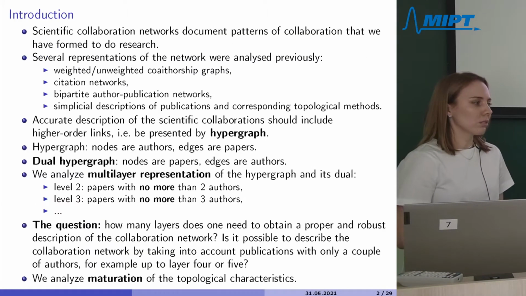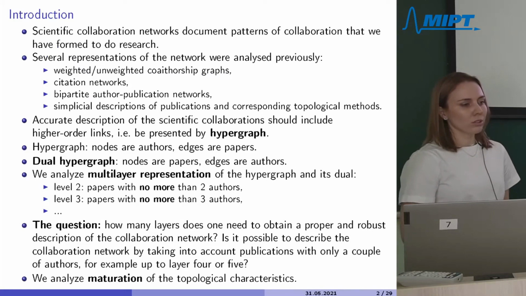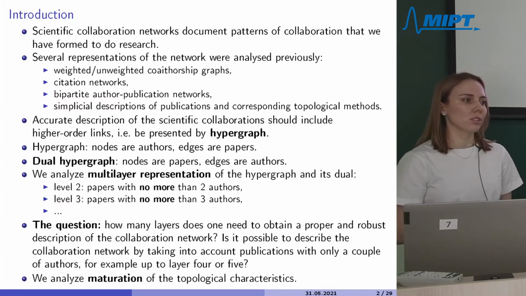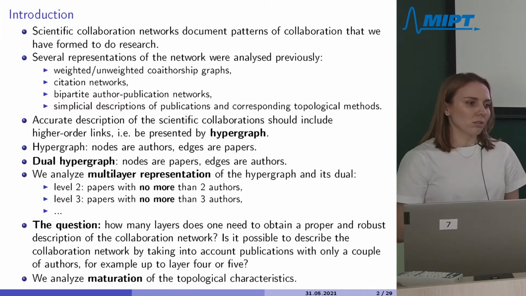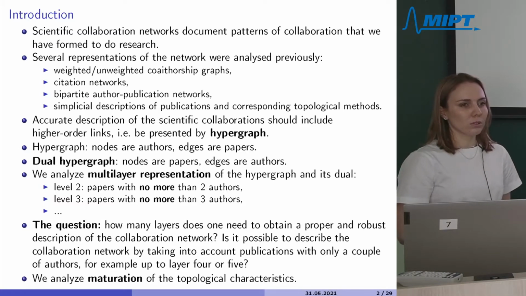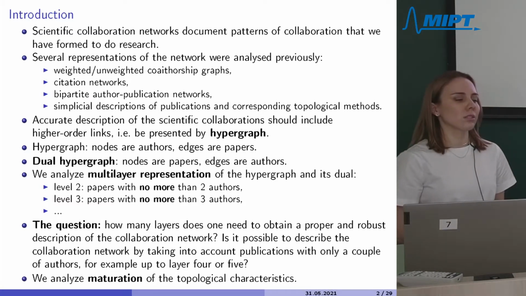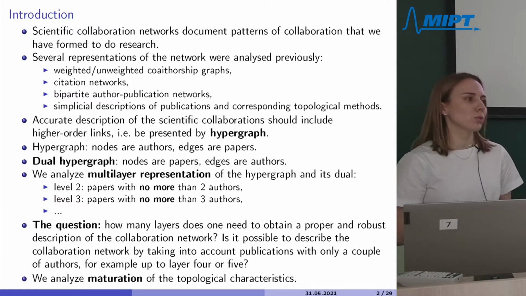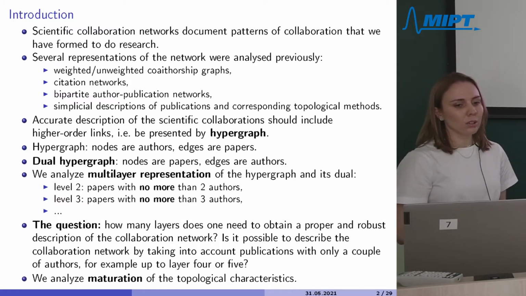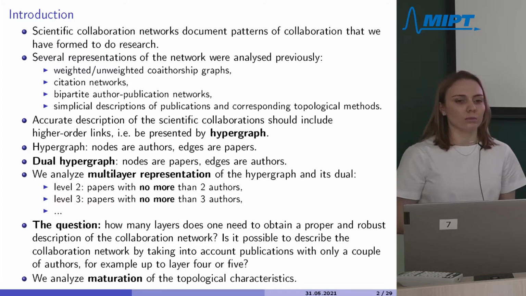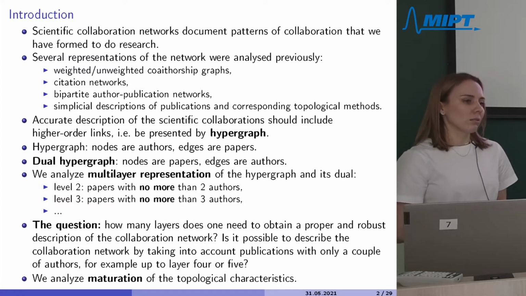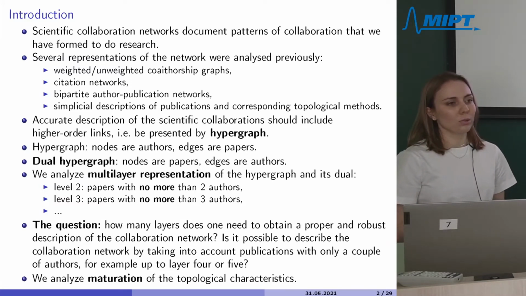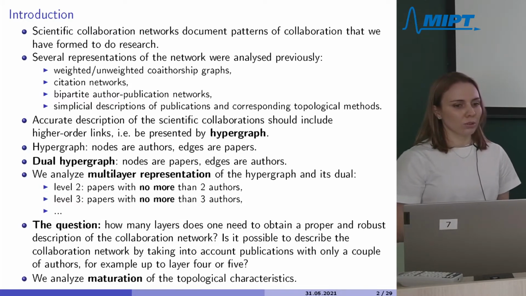You know that scientific collaborations can be listed in the form of collaboration networks, and these objects were studied previously, and there is a huge strand of literature devoted to this topic, but in most of these papers, authors considered simple graphs, complex networks, and they do not consider higher order interactions.